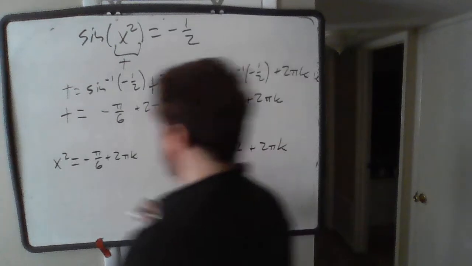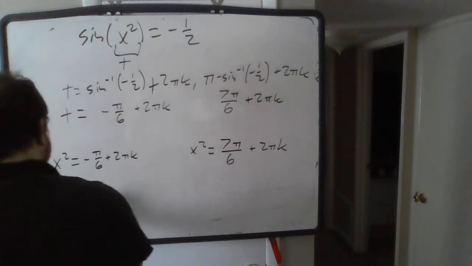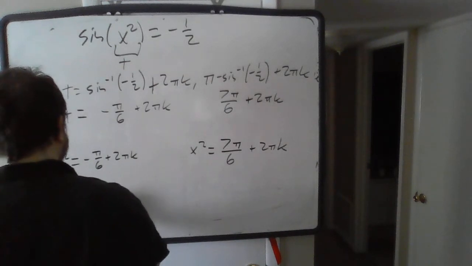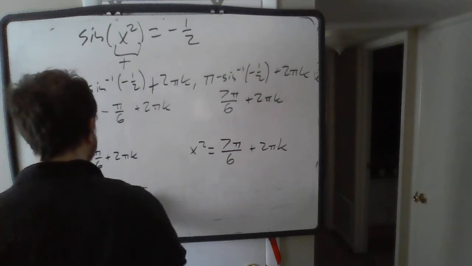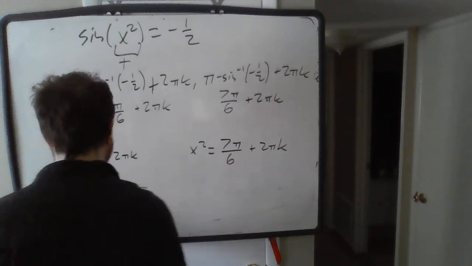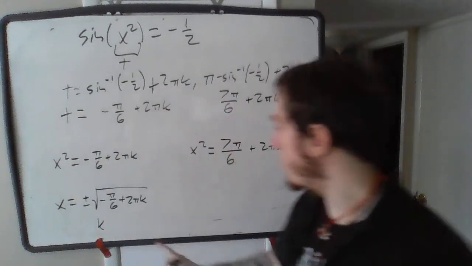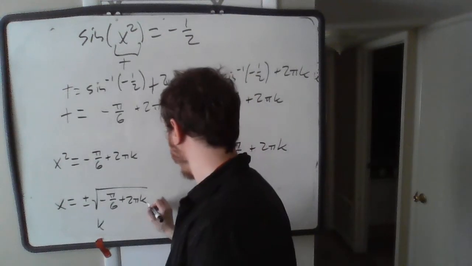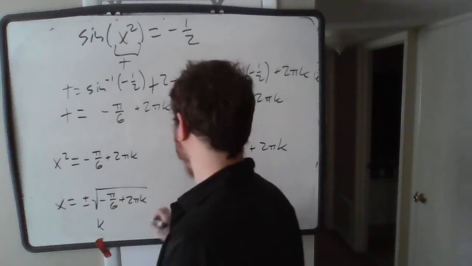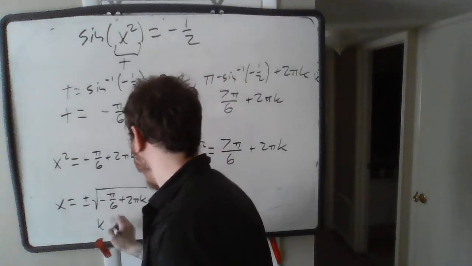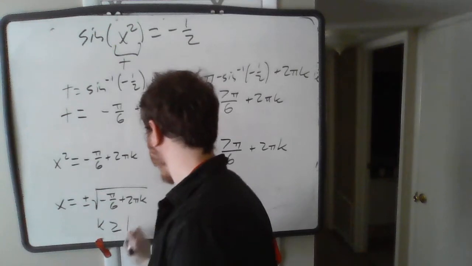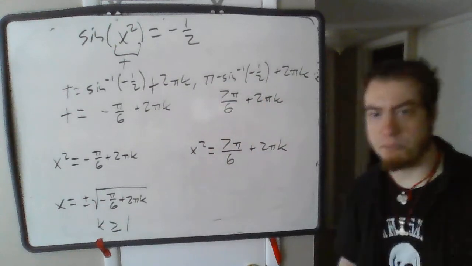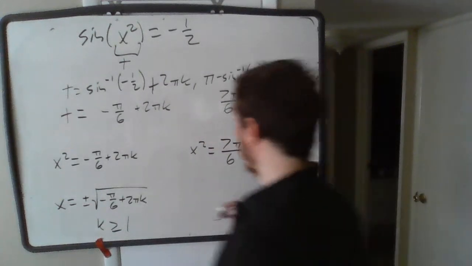This means that x is going to be equal to plus or minus the square root of -pi/6 plus 2 pi k. And here we'll think of this as a k still, and in order to make this work, k is going to need to be bigger than or equal to 1. Otherwise, we'd be taking the square root of a negative number.